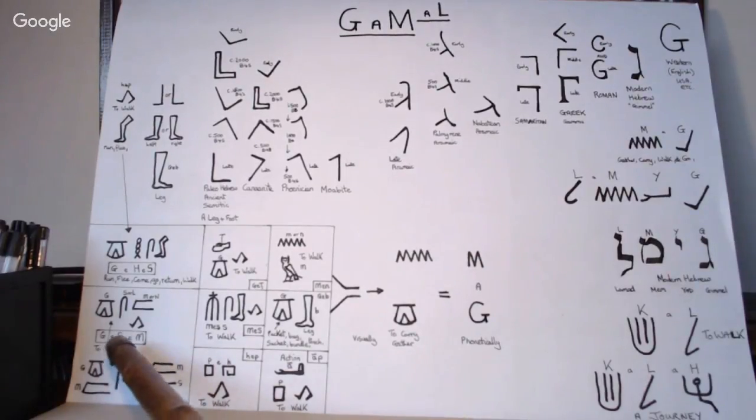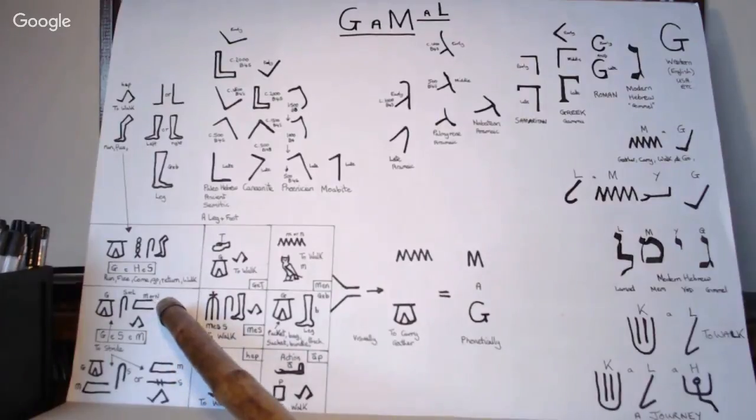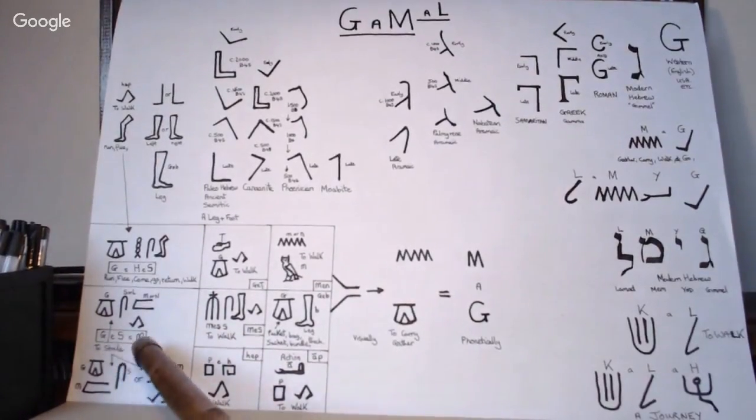This one under here is Jesem, which then again we have the G, the S, and the M. And sometimes this M symbol is written as an M and has the M sound or the N sound. And it means to stride.